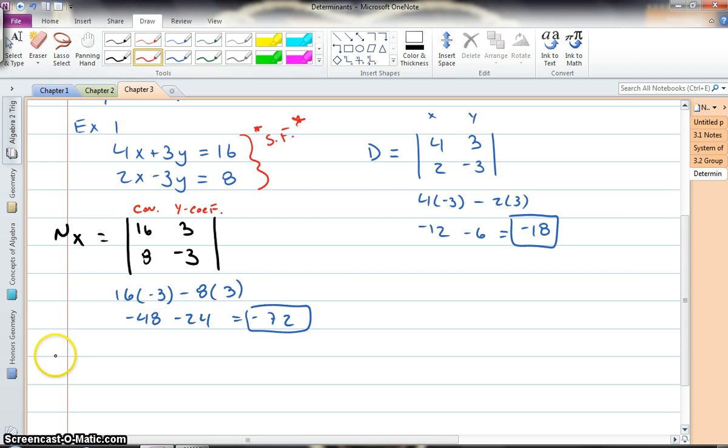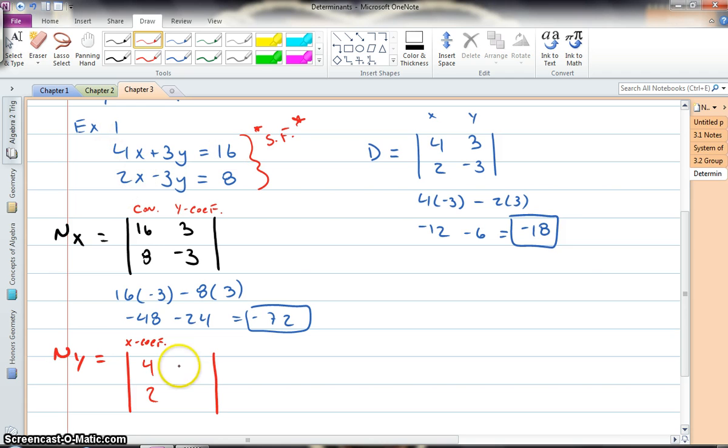Then the final piece, we're going to find the numerator of my y value. Now again, this contains everything but the y's. The x coefficients are going to fall right in place, so 4 and 2 from here.